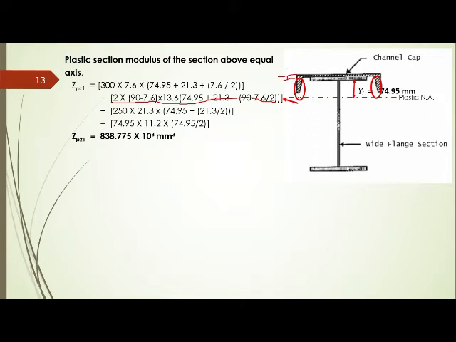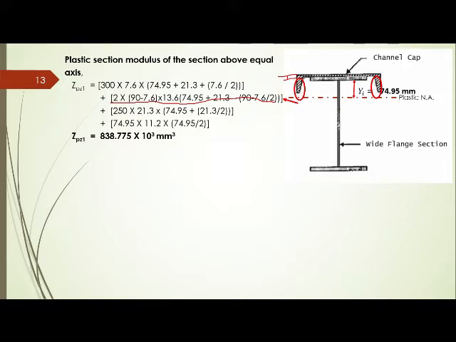So we have subtracted it and we have multiplied it with 13.6, the thickness of the channel flange, and we have multiplied it with 2 because there are two flanges, and we have to multiply it with the distance again. So how much is the distance? It's 74.95 plus 21.3. It has gone up to this level, the inner portion.